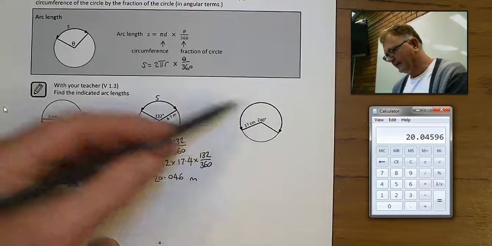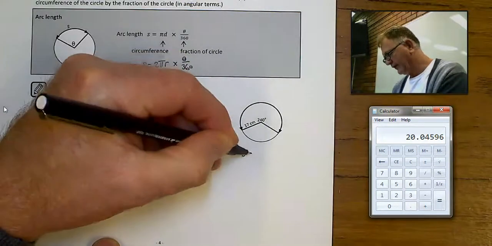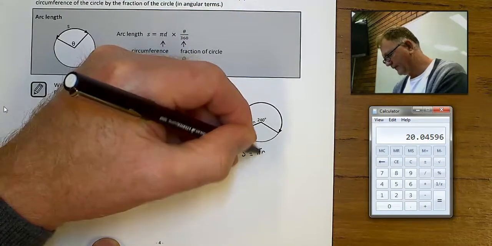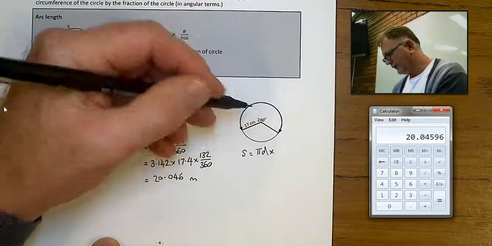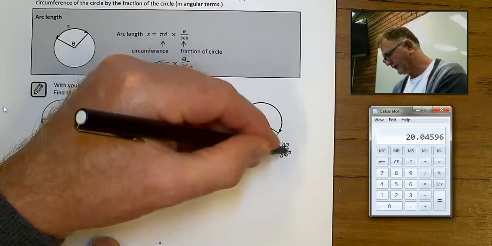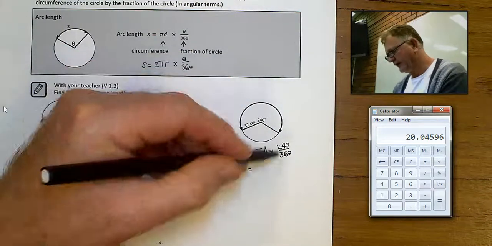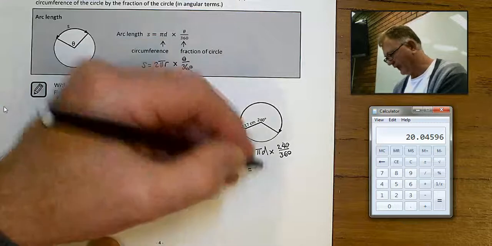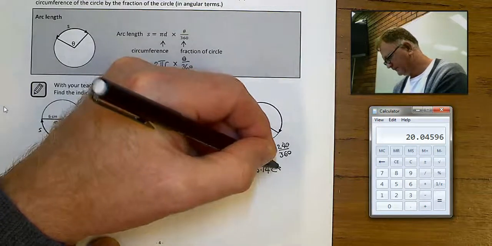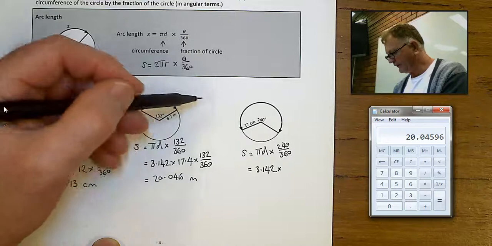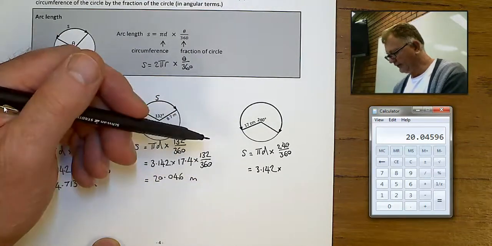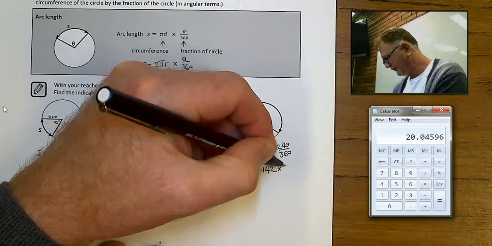240 is fine. So circumference equals pi times diameter times by this angle, 240 out of 360. We've got more than half the circle there. That fraction there is more than half. The diameter of this circle is 17 centimetres from there to there. Double 17 is 34, the diameter of the circle.